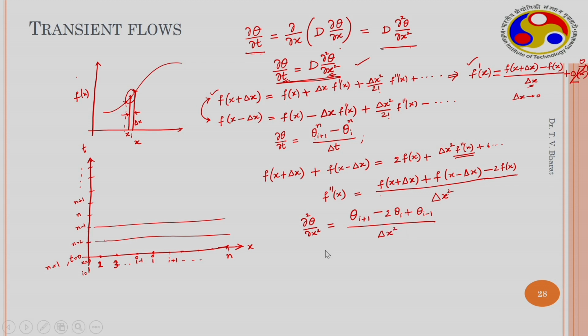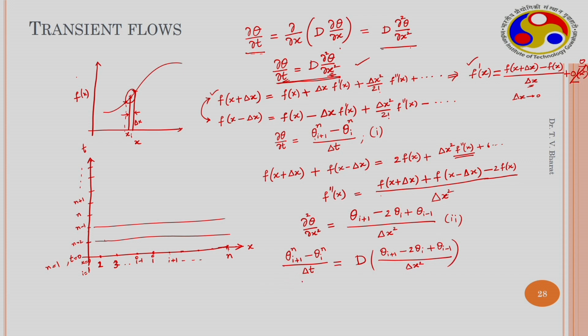So, now if I substitute this one and this one in the differential equation, what we get is theta I plus 1 n minus theta I n divided by delta t is equal to d times theta I plus 1 minus 2 theta I plus theta I minus 1 by delta x square.